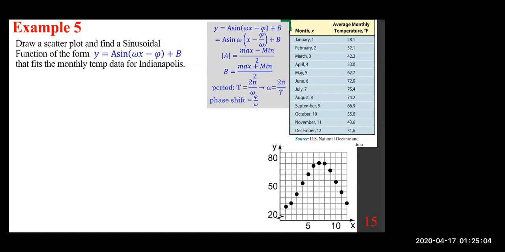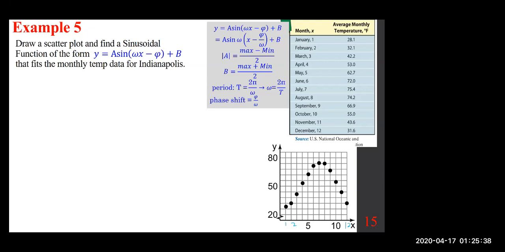So we have month 1 here, January, month 2, February, all the way to month 12, December. And by the way, when you do the scatter plot, it gives you an idea whether it is cyclical, whether it looks like a sinusoidal function or not.